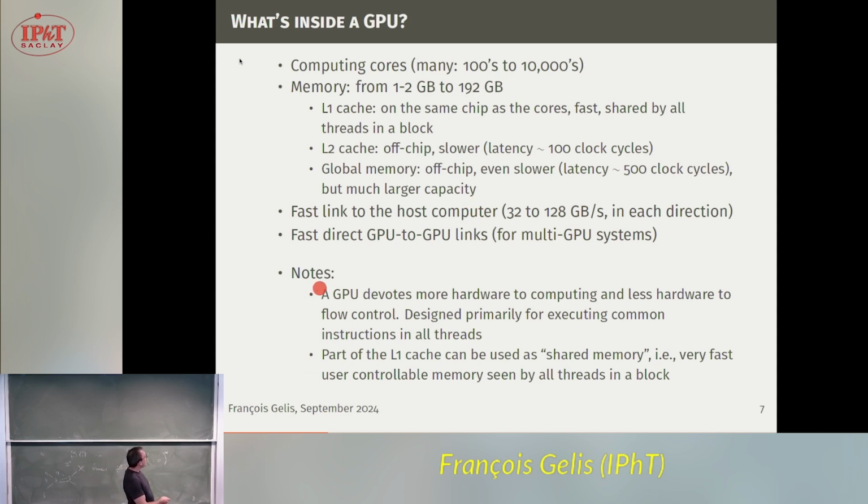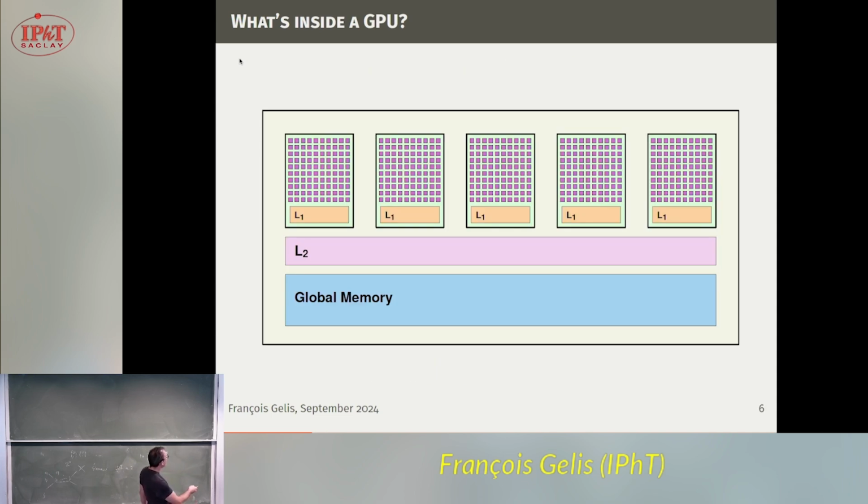So this I already mentioned, that a GPU devotes more hardware to computing and less to the scheduling and the control of tasks. So it means that it's designed primarily for executing common instructions in as many threads as possible. Something I didn't mention is that part of the L1 level of cache can be managed through programming.